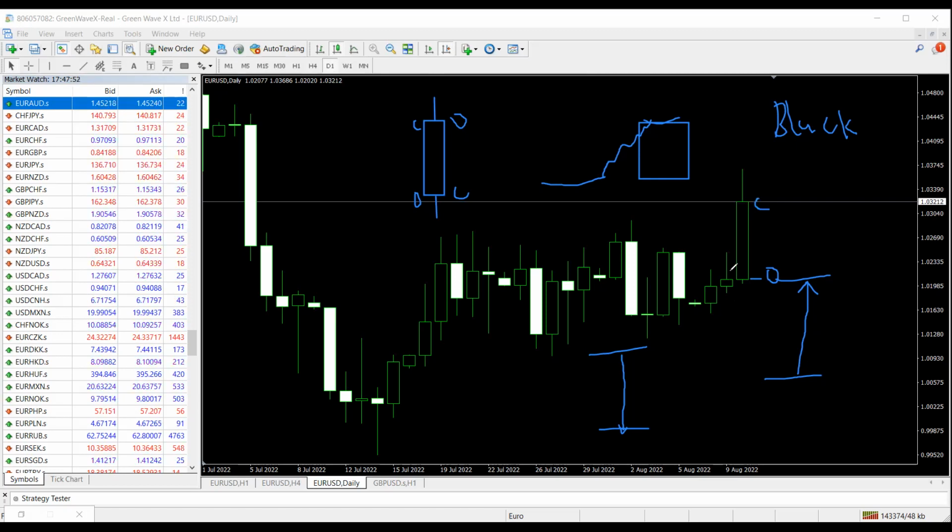All right. For this particular candle, it is the black body. So that means within that particular day, yesterday, price was bullish. So that means this was the closing price and this was the opening price. For this particular candle, price was also bullish. So that means this was the opening price and this was the closing price.